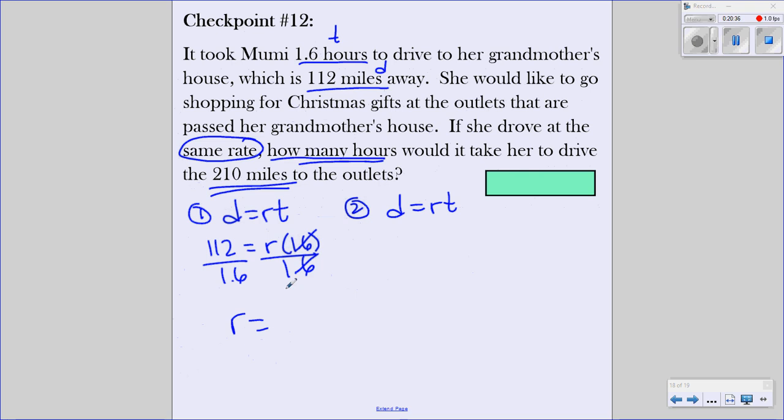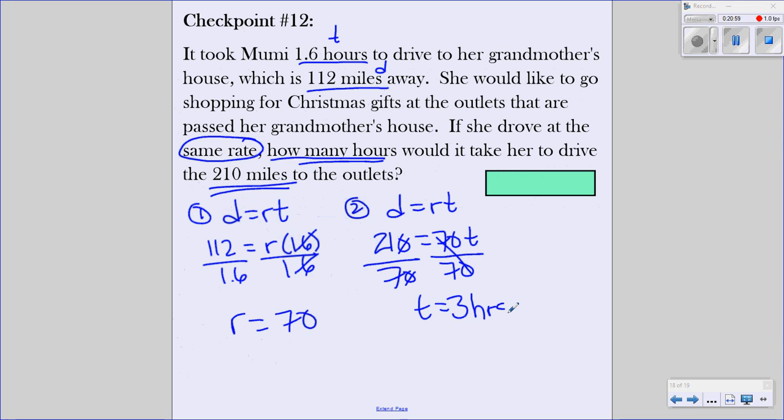So then that gives us 70. Yep, 70. So now we're going to use that same rate, based on her driving to the outlets. So we divide. This cancels out. It will be 3 hours.